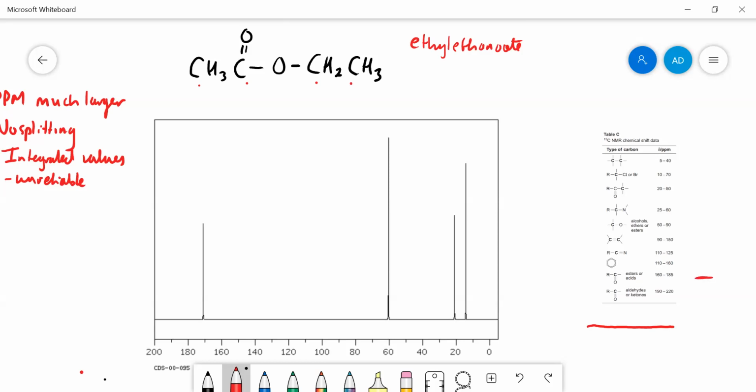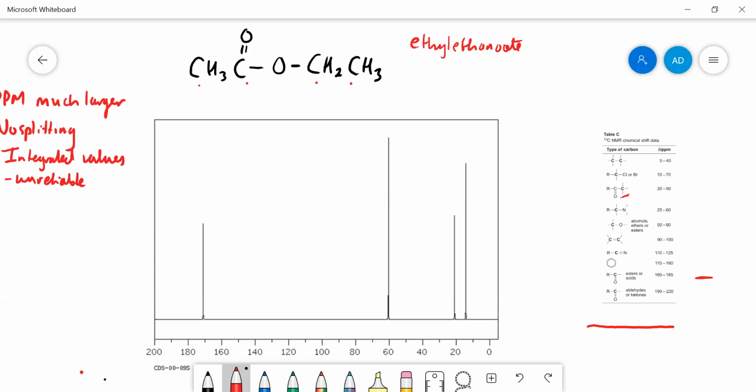The carbon double bonded to oxygen, the carbonyl carbon, has one of the highest ppm values, whether it's in esters or in aldehydes and ketones. If you are next door to the carbonyl, then the ppm isn't shifted quite as much. It's around that area there.